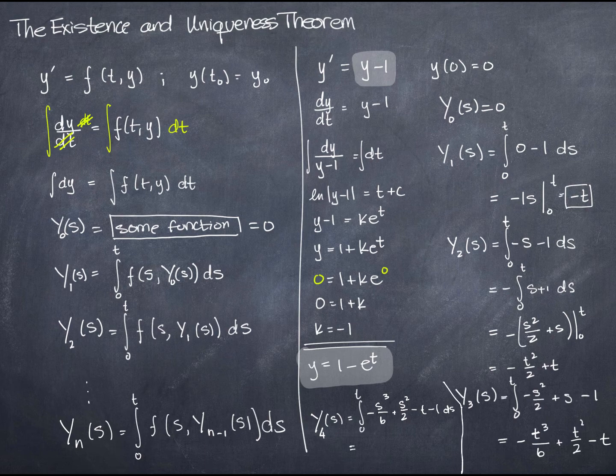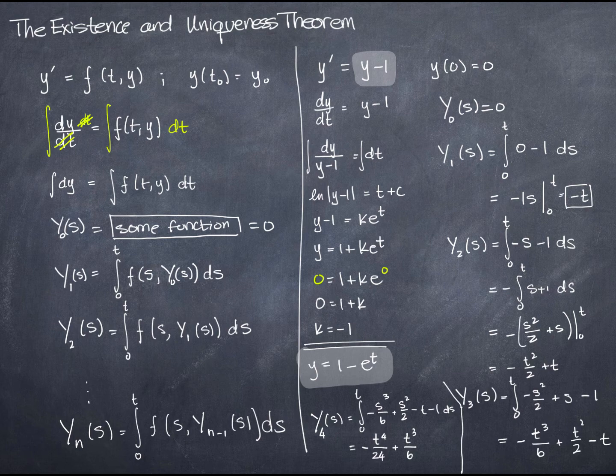I want to integrate that. For the first term, I'm going to get negative 1/6 of s to the 4th over 4, and the over 6 and over 4 gives me 24. Of course, we're switching back and forth between s and t, and I keep forgetting to make that switch, so let me correct that. The next term is positive, and I get 1/2 of s cubed over 3, so that's going to be t cubed over 6.